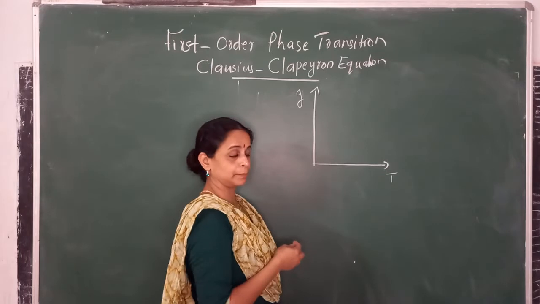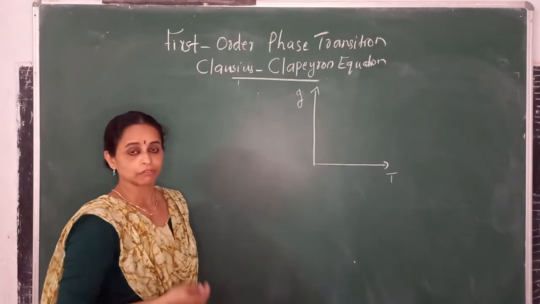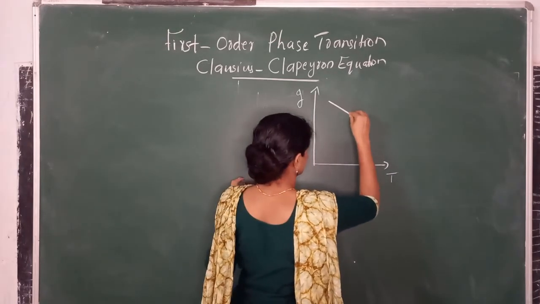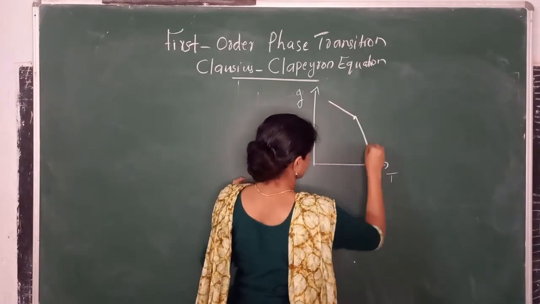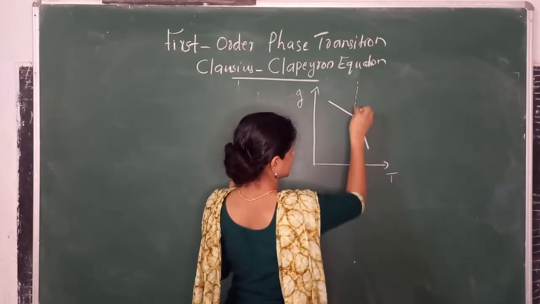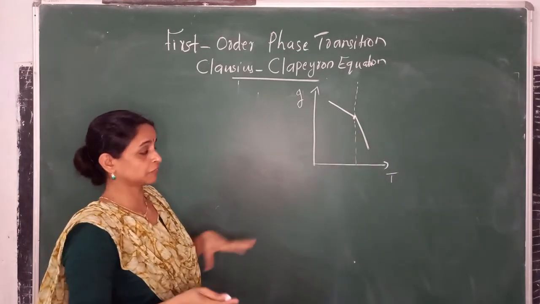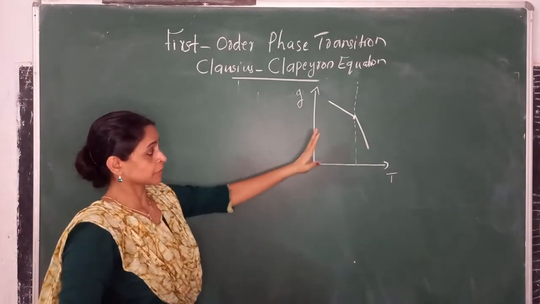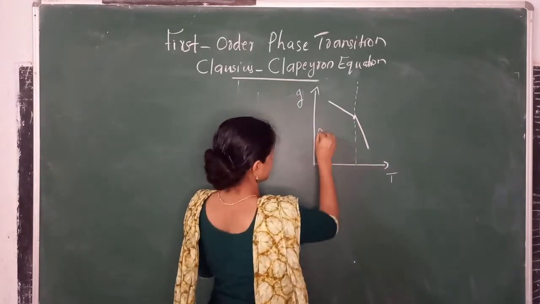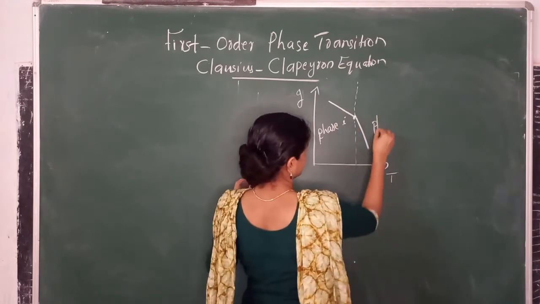This is for vaporization, from liquid to vapor. I am drawing all these figures. This is the temperature at which the first phase is transformed into the second phase, phase I to phase F.